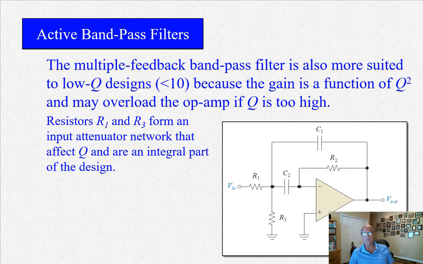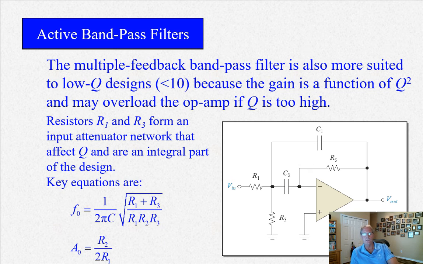There are design techniques. There's actually formulas you can Google, multiple feedback bandpass filter calculator, and you just put in your frequencies and it'll dump out some component values for you. But here are some equations if you wanted to do it by hand, and you should put these on your equation sheet.